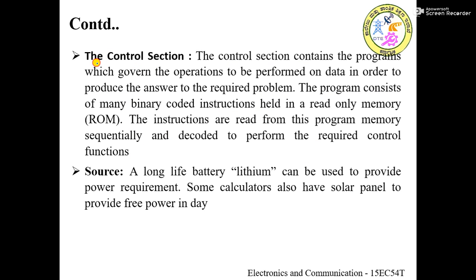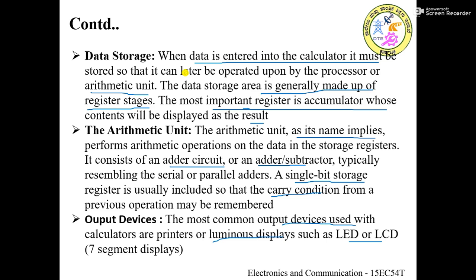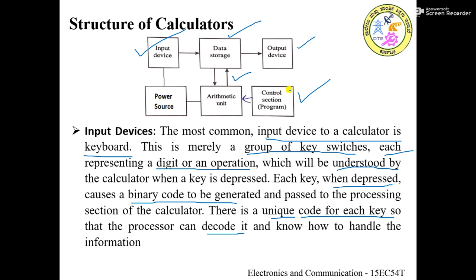Next one is the important section, that is the control section. This is the section where all the programs are stored. While introducing the calculators, I told you that calculators are microcontroller based systems. Microcontroller based in the sense that they will have fixed program routines for every command.